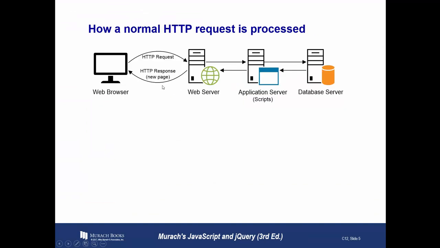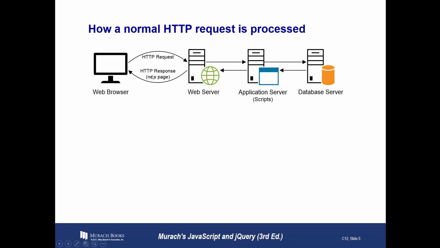So Ajax lets you receive data from a web server without reloading the page, also referred to as a partial page refresh. To send an Ajax request, JavaScript uses a browser object known as an HTTP request or XHR object.